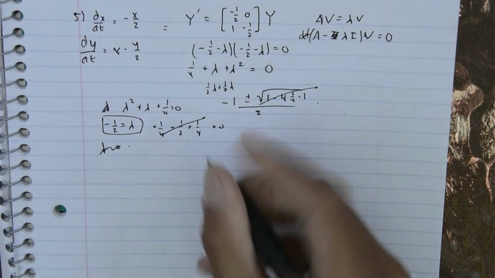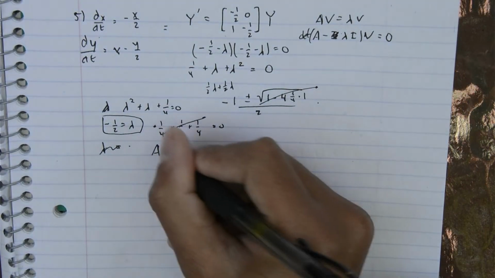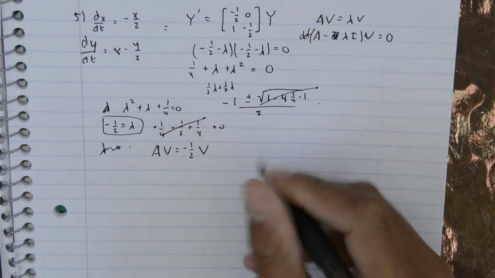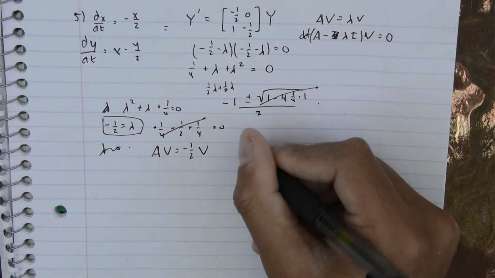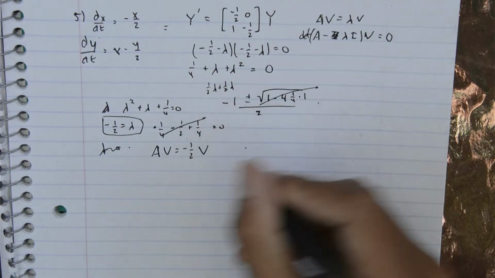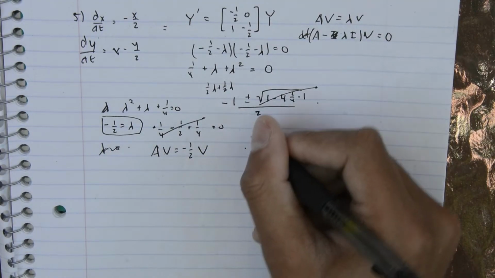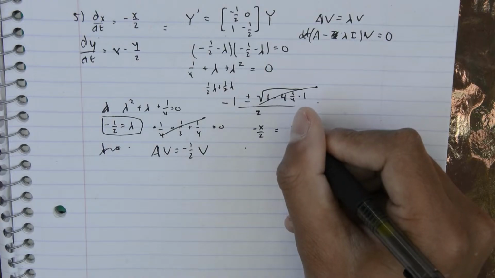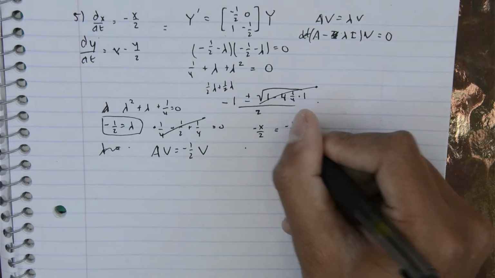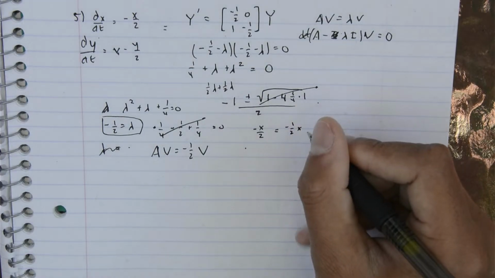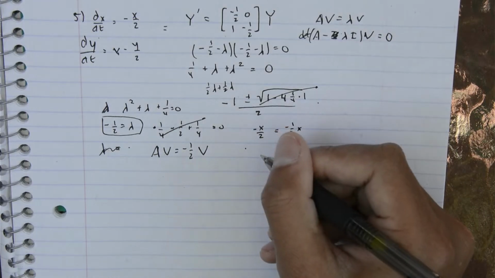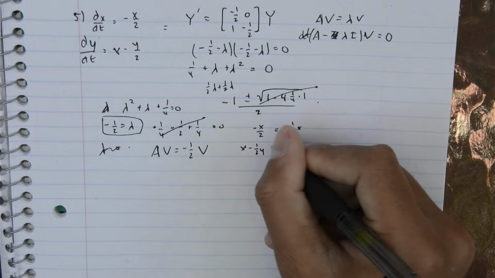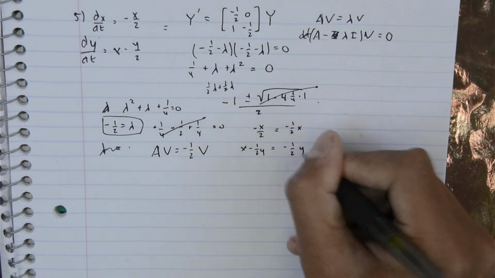So now we can solve for AV is equal to minus 1/2 V. So this turns into minus x over 2 is equal to minus 1/2 x. Then x minus 1/2 y is equal to minus 1/2 y.